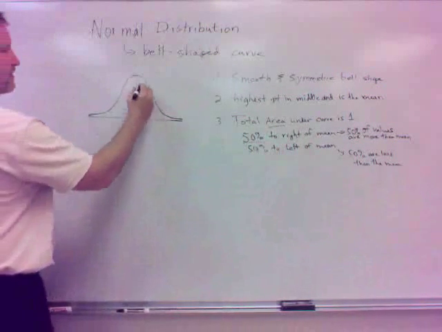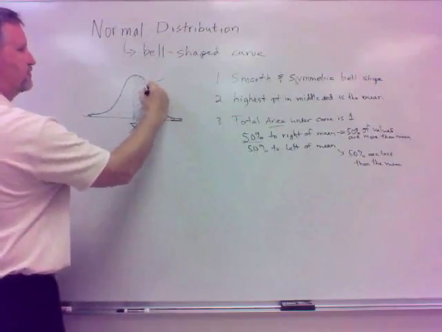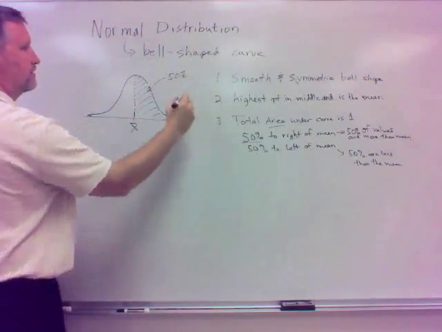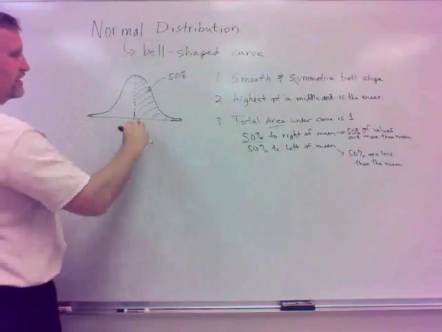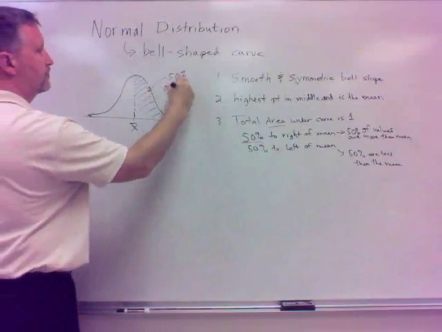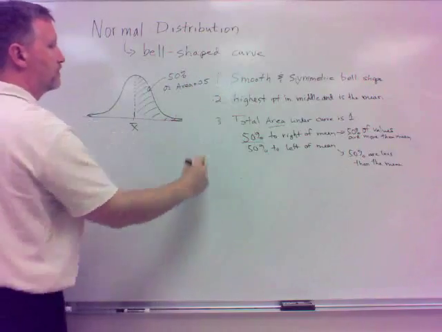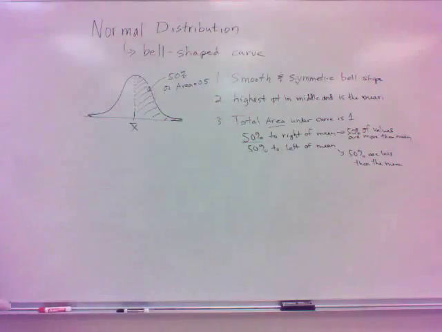We're saying this percentage is 50%, or we could also say the area under the curve there is 0.5, or it's 50% of the area under the curve, however you want to think of it. But percentage and area is the same thing.